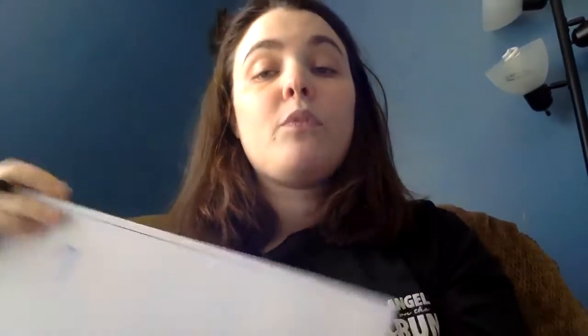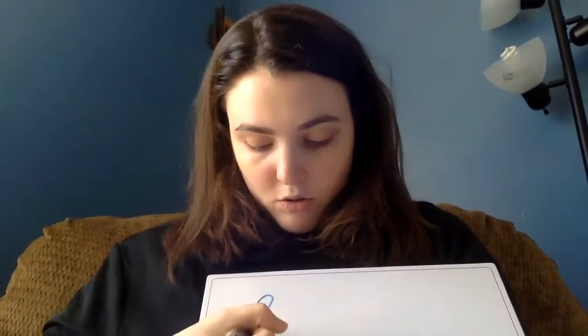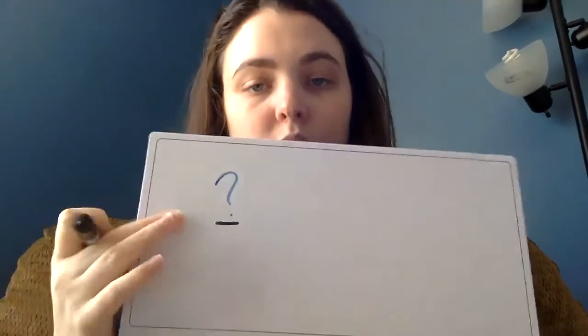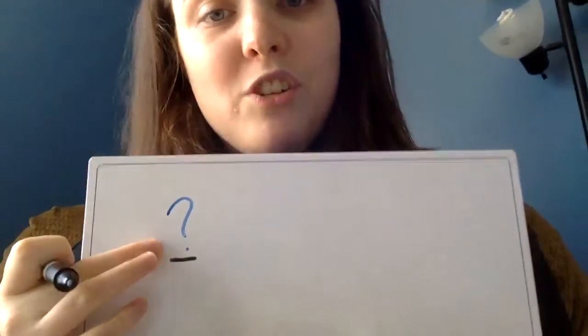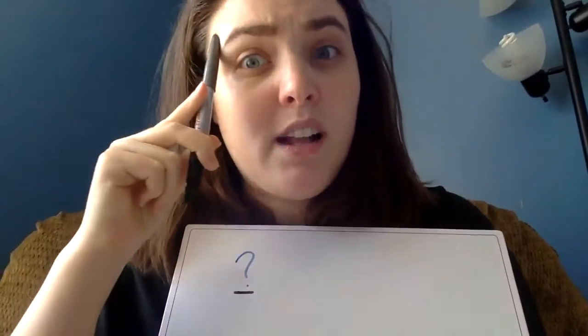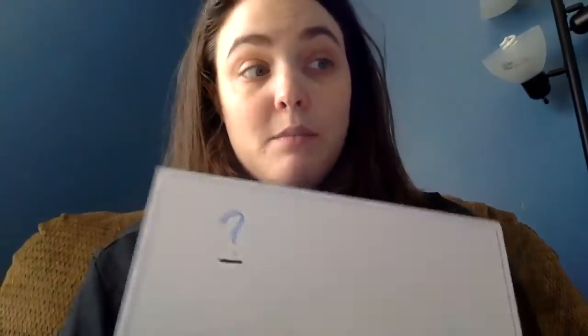The first thing I want us to go over is our different types of sentences that we've been talking about this year. So if you remember what this is called, this one is called a question mark, and that means we use it at the end of a sentence where we're asking somebody something, like, what day is it?